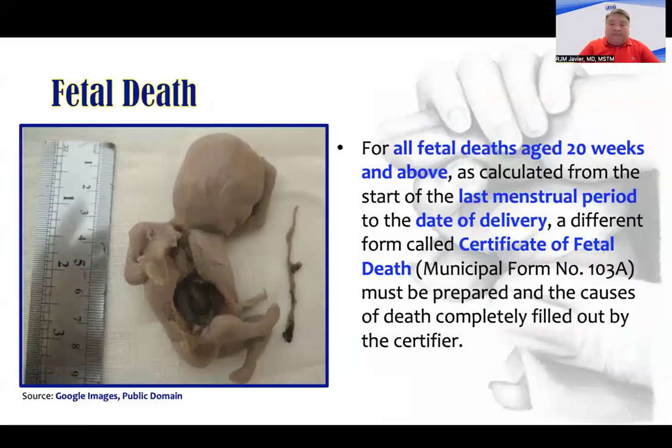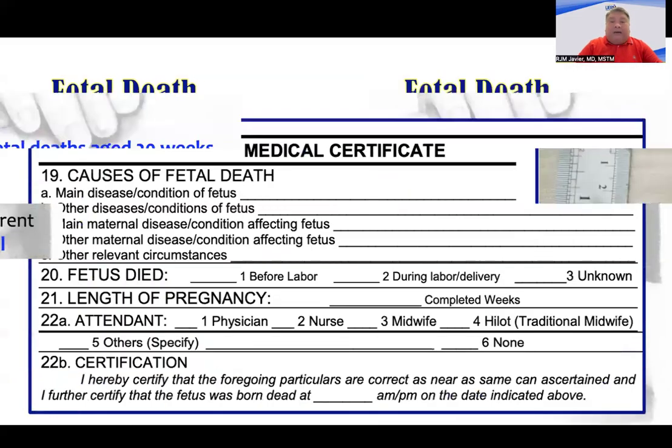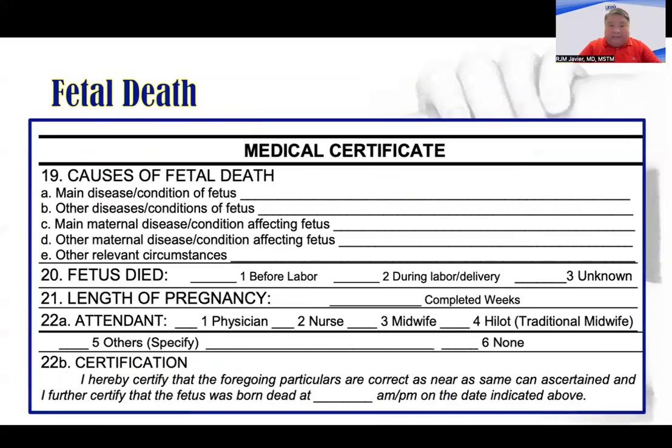Now, usually, for all fetal deaths aged 20 weeks and above, as calculated from the start of the last menstrual period to the date of delivery, you also need to accomplish the certificate of fetal death. Now, in the certificate of fetal death, similar to what was mentioned, let's say, for example, the main cause of death is that the fetus died because of abruptio placenta, secondary to preterm labor.